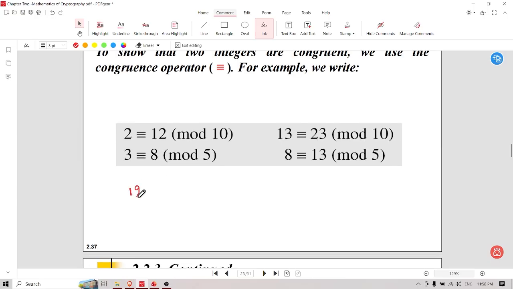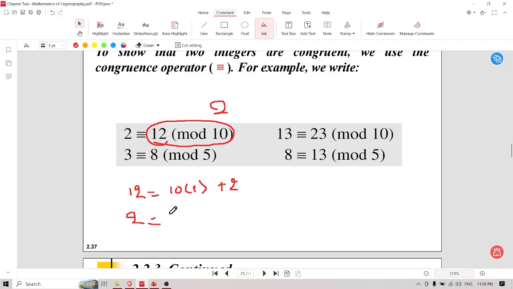Now let's say that 12 is equal to 10 multiplied by 1 plus 2. Now how about 2 mod 10?